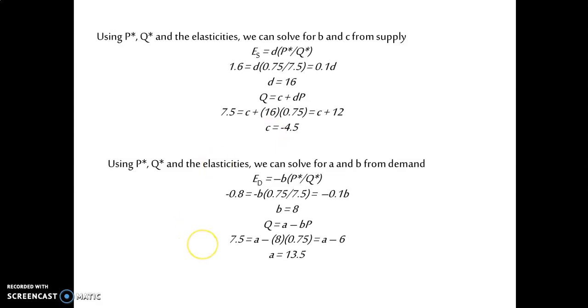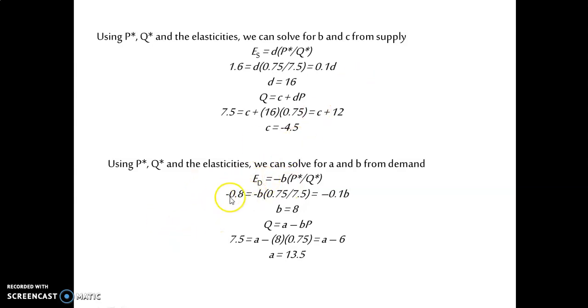Now let's do the same process for our demand curve. So using the values of 0.75 as our equilibrium price and 7.5 as our equilibrium quantity, we are also going to assume that we have been given a price elasticity of demand coefficient of minus 0.8.